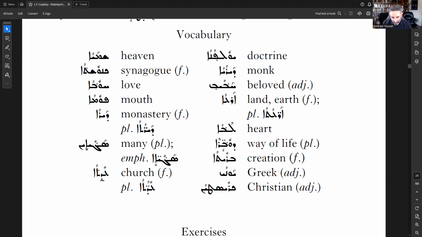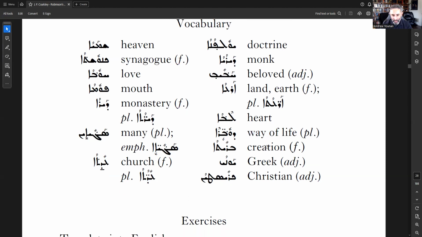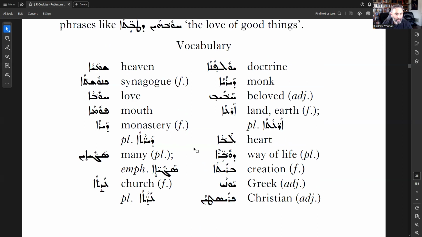Manners or way of life or habits, something like that. Britha is creation, feminine, obviously. Yonai or Yonaya is Greek, so it's an adjective. He's giving it an absolute state here. Christian, actually it's more common to see Mshihaya, but this is a Greek transliteration of the word Christian, so whatever. Shmeya, heaven.